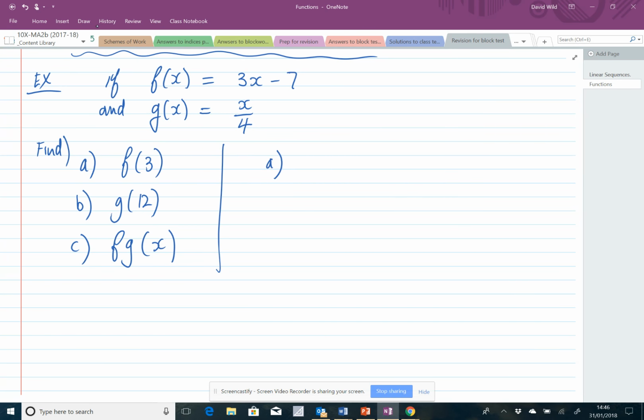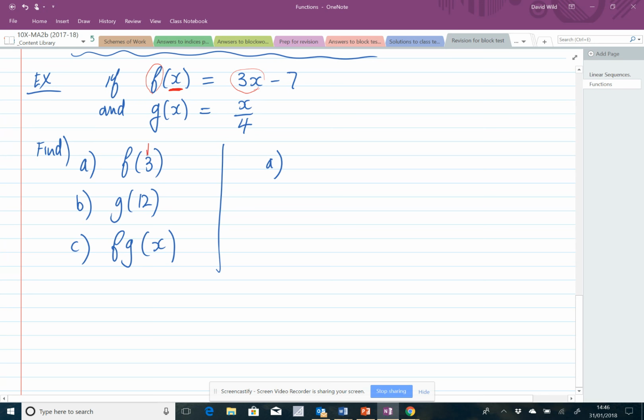Now, remember, we read this as f is the function that takes in x as an input and produces 3 times its input, 3x, and then subtracts 7. This time, what am I feeding into f?